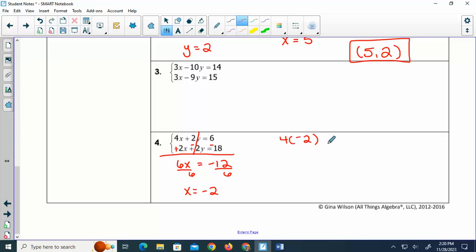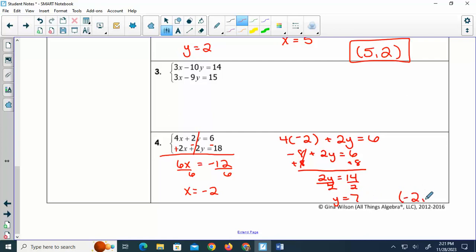So 4 times negative 2 plus 2y equals 6. We add the 8. Divide by 2. Y is 7. So my ordered pair is negative 2, positive 7.